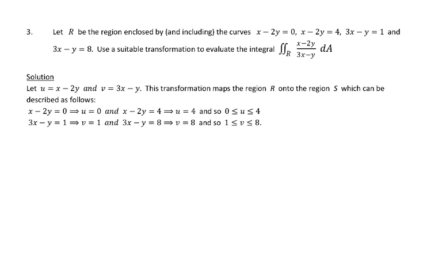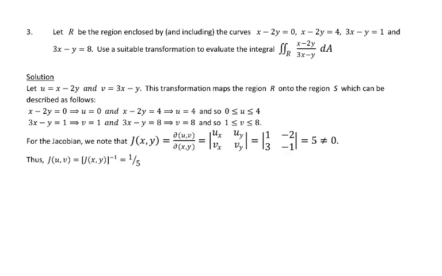The curves 3x minus y equals 1 and 3x minus y equals 8 show us that v lies between 1 and 8. For any transformation, we always need to find the Jacobian. In this instance, because of the way that we have set our transformation, u in terms of x and y and v in terms of x and y, it's easier to first calculate the Jacobian of the inverse, which gives us 5.